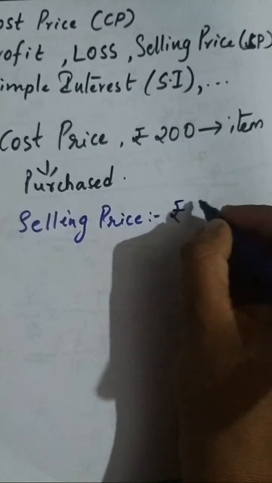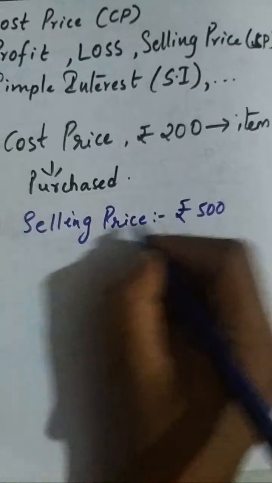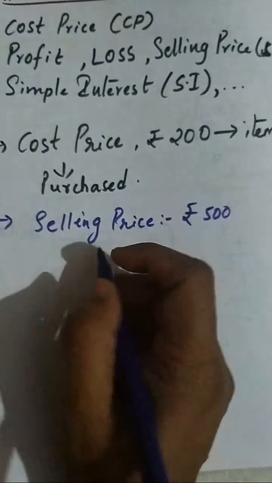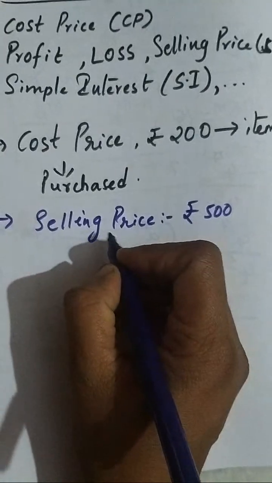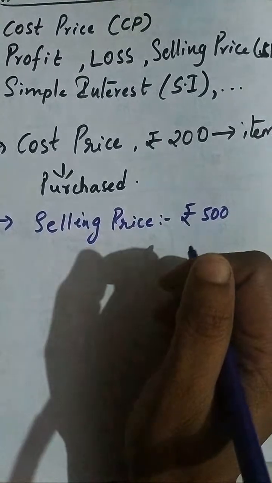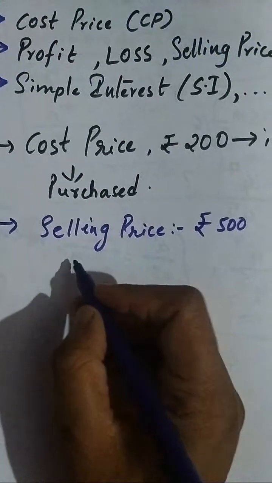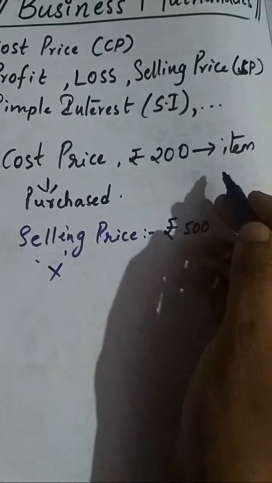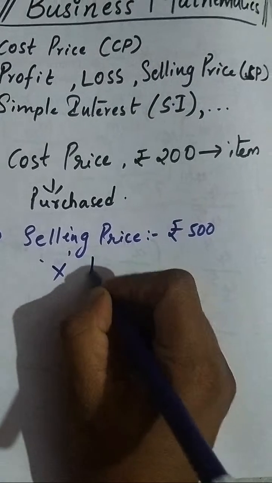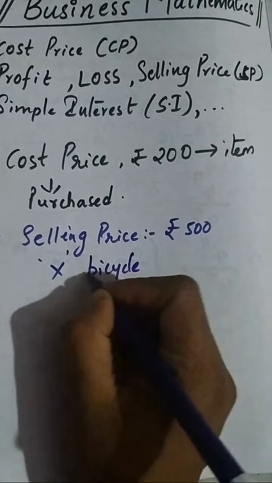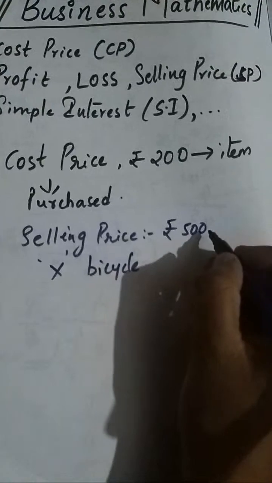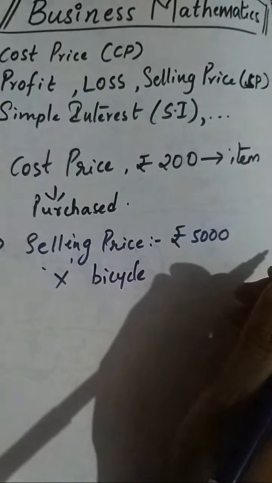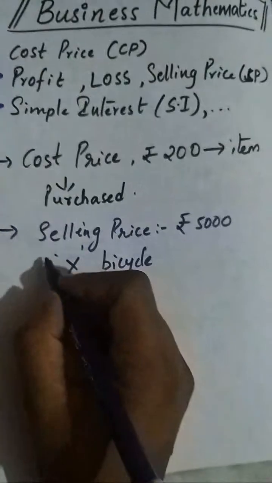For 500 rupees I am going to sell this item, then that is called the selling price of the item. For example, X is a man who sold an item like a bicycle. He sold it at rupees 500 or 5000 rupees. Then this is the selling price of the bicycle.